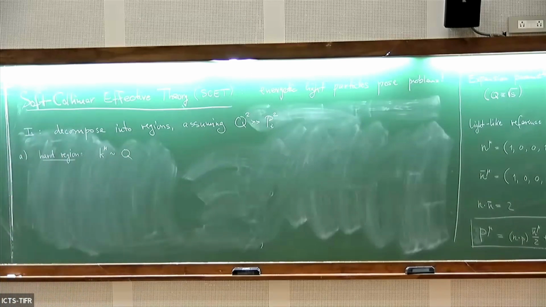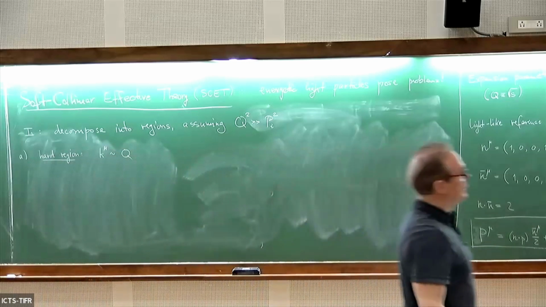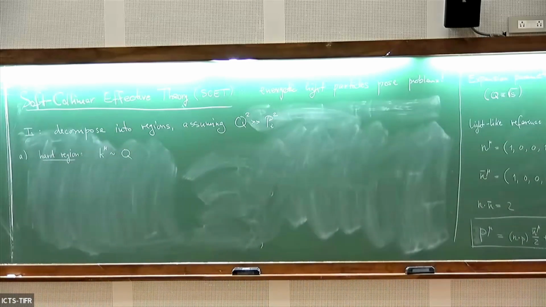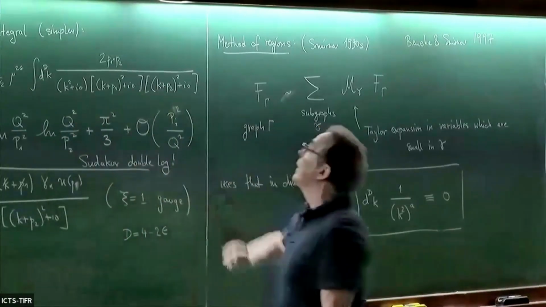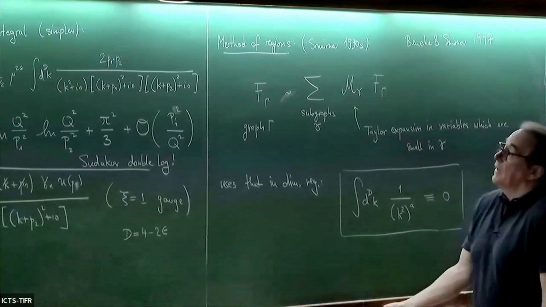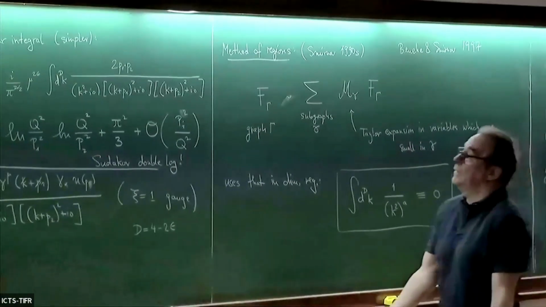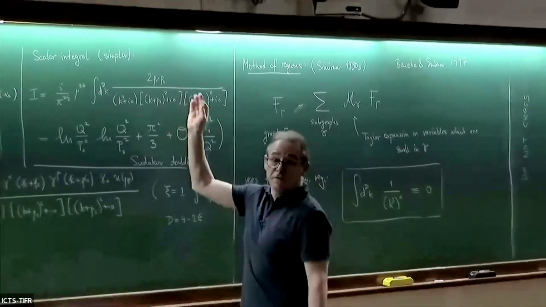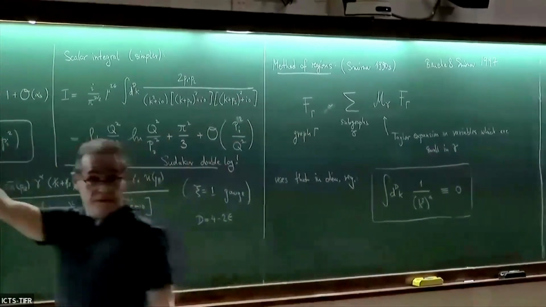Okay? And all you need to do now, it's really not difficult, it's not magic. All we need to do is look at the three propagators and expand, if there is something to expand, components that are subleading under that scaling assumption.